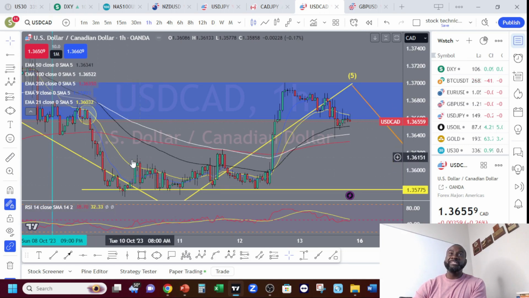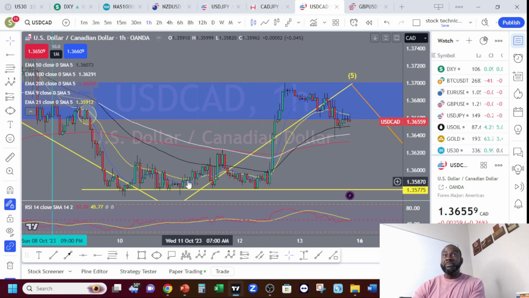Here, price has been consolidating. No trade here. I would not take any trade here because price spent a lot of hours here. But when price gets to that lower level, you could have taken a short trade, but that's up to you if you wanted to do that.